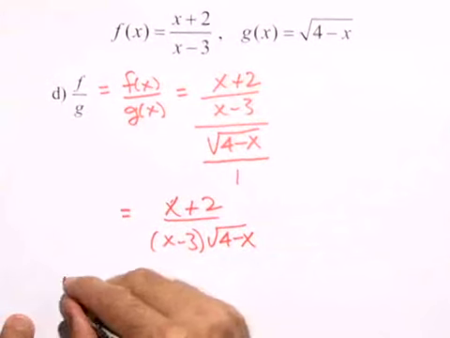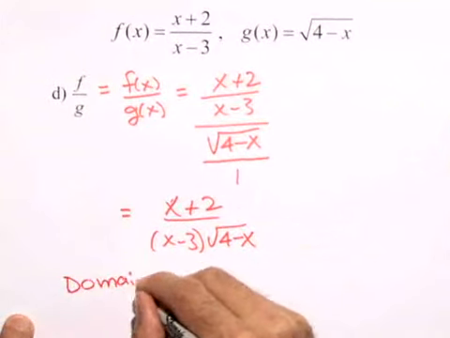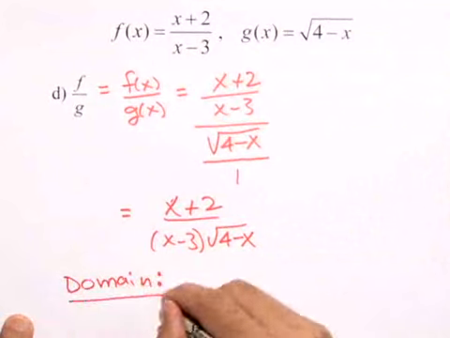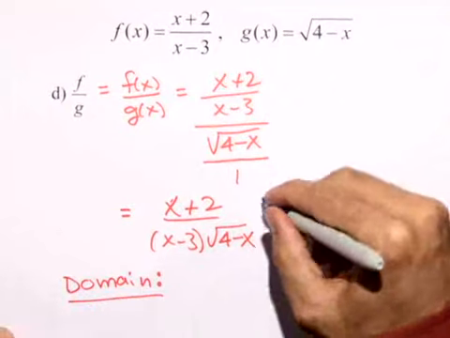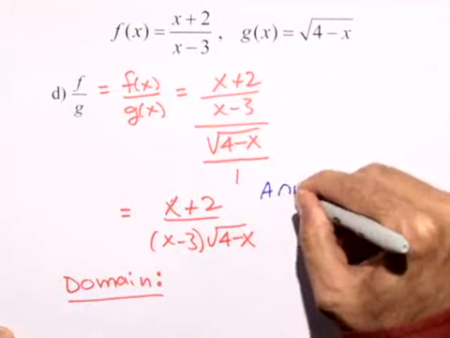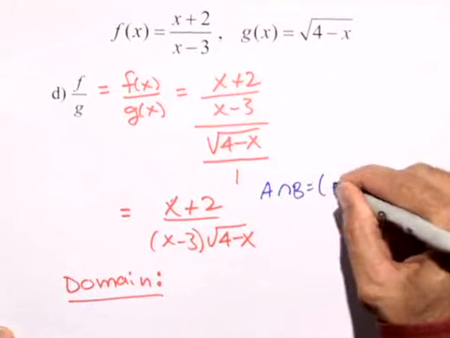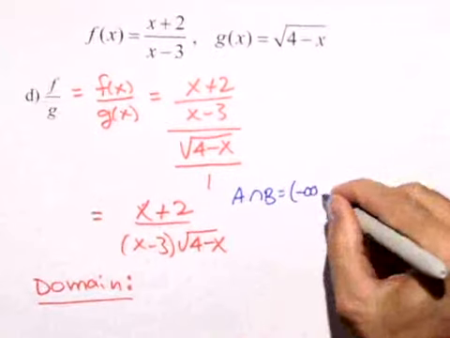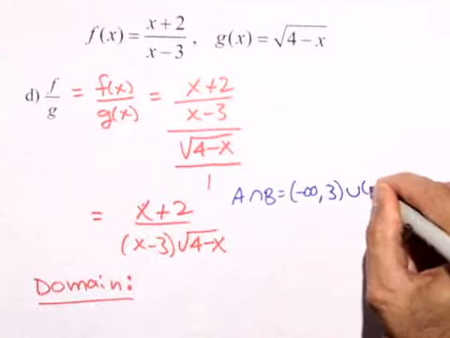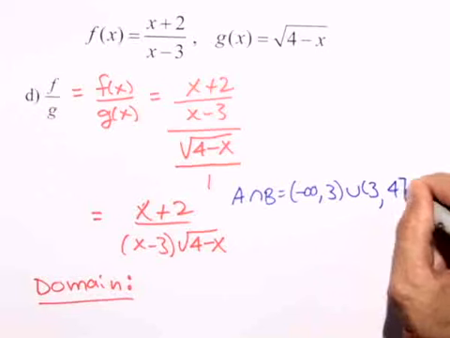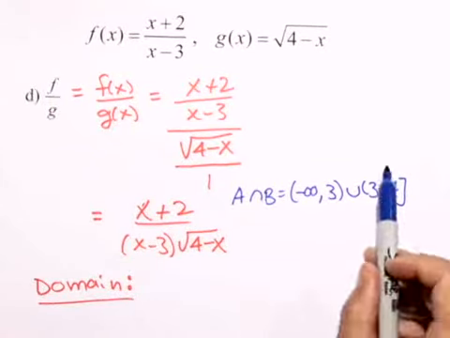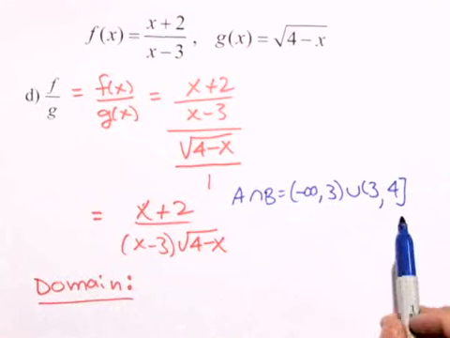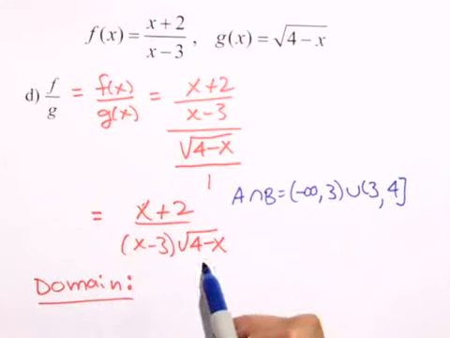Now, the domain is a little different. So let's stop and think here. What did we have at first? We had the intersection of the two domains was negative infinity to 3, union with 3 to 4. Okay, so the domain of f divided by g will be A intersect B. However, we may have to pull out a point that makes the denominator 0.